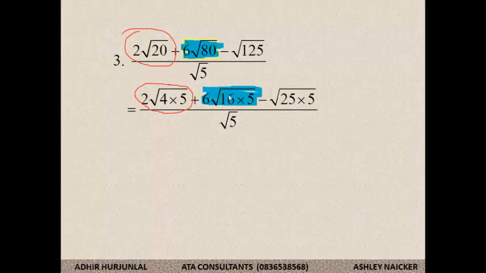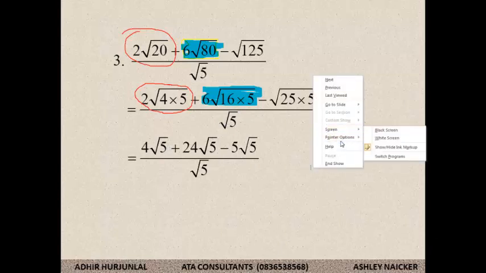The square root of 16 is 4. Remember that. 125 is 25 times 5 over the square root of 5. Very good. If I have to go further, remember the square root of 4 is equal to 2. So 2 times 2 is equal to 4. It's 4 root 5.